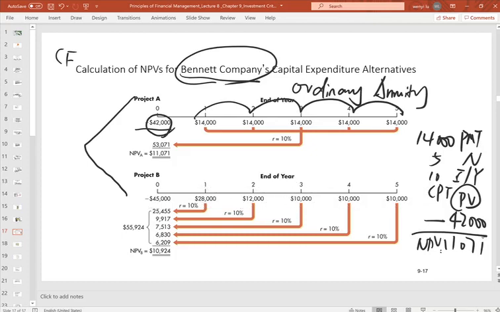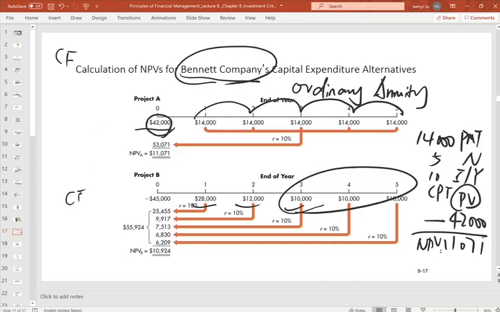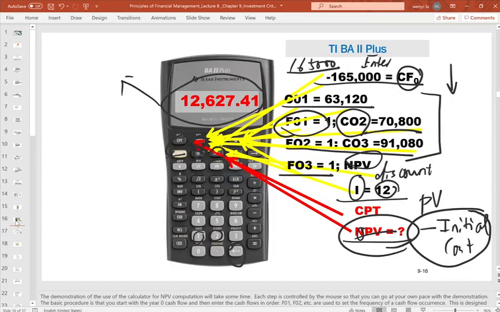For Project B, the cash flows are not the same. Only the last 3 years are the same, so it's not very convenient to use an ordinary annuity. We prefer to use the multiple cash flow key, though of course you can also use it for Project A. As we showed in the last calculations, we have CF0, C01, C02.